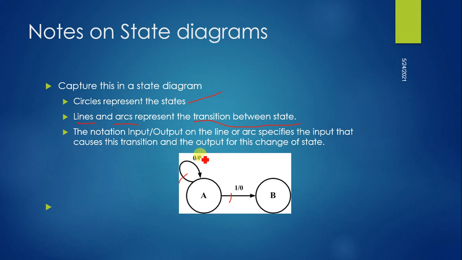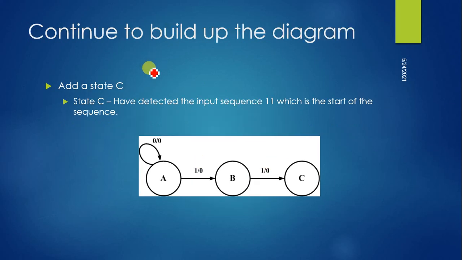So the input for this is 0, and the state change is caused by which variable? Input is 0, state variable which caused is 0. Input is 1, state variable which caused is 0, right? So let us add C to the same diagram. However, C has detected input sequence 11, which is the start of the sequence.